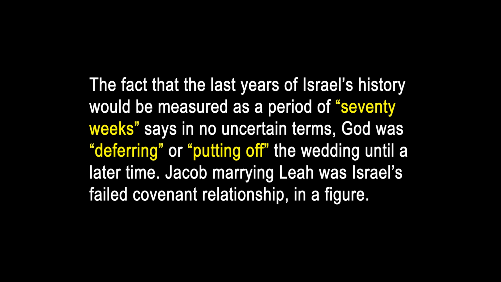The fact that the last years of Israel's history would be measured as a period of 70 weeks says in no uncertain terms God was deferring or putting off the wedding until a later time. Jacob marrying Leah was Israel's failed covenant relationship in a figure.